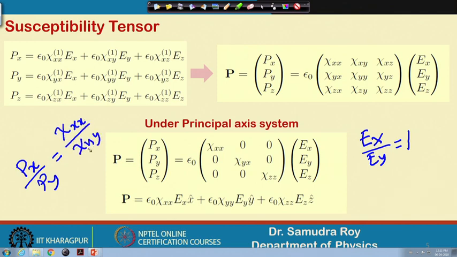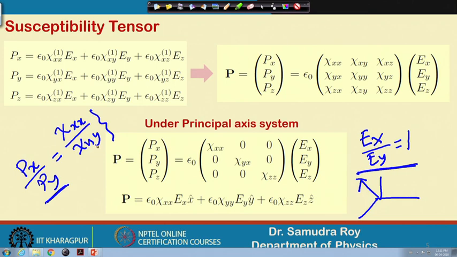So, that means the direction of E and the direction of P are different, because the ratio suggests that the angle between x and y is 45 degrees for E, oriented along 45 degrees in this plane. Px and Py are also in the same plane, but the orientation of P is not 45 degrees because of this ratio. It is only true when chi xx and chi yy are the same.